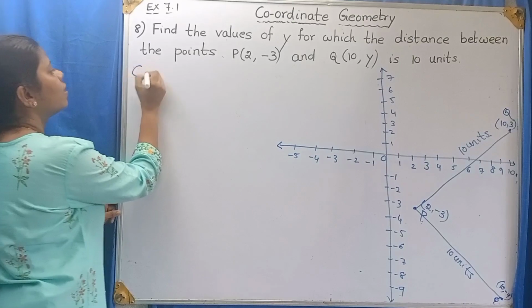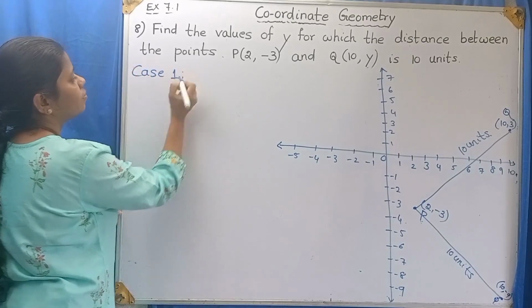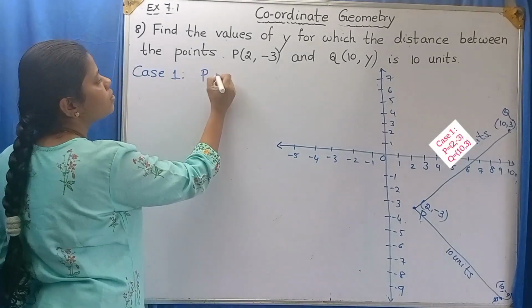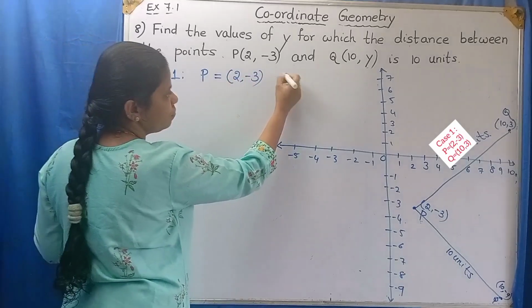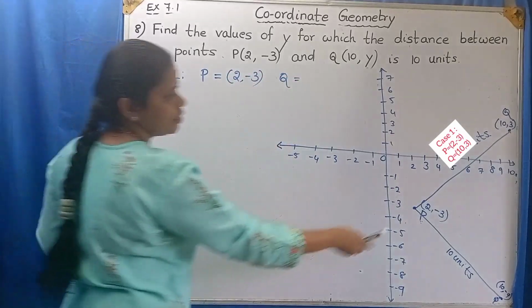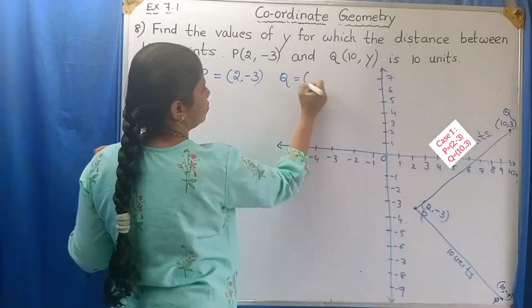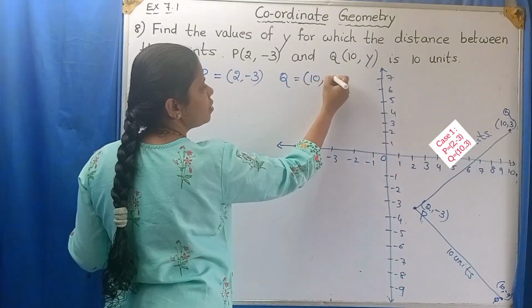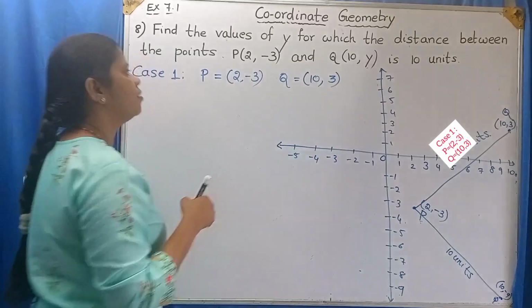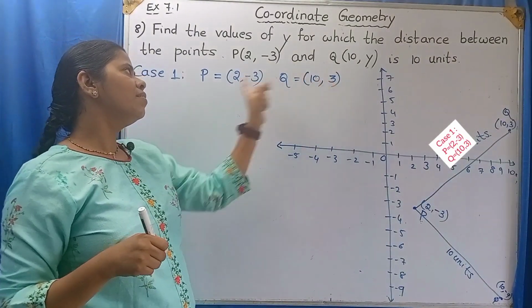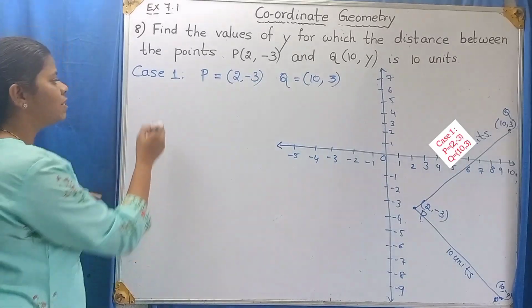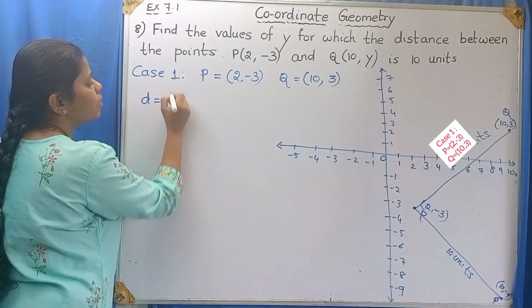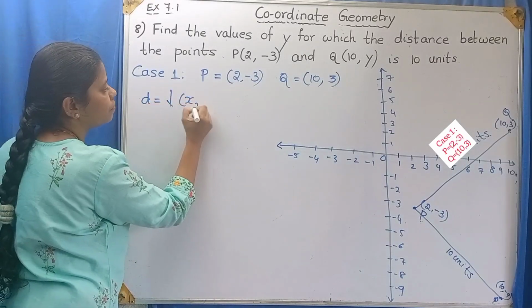Case 1: the P value does not change, (2, minus 3). And for Q, it is (10, 3). When the y coordinate is 3, we have to get the distance between P and Q as 10 units. Let's see if we get it or not. Let us apply the distance formula.